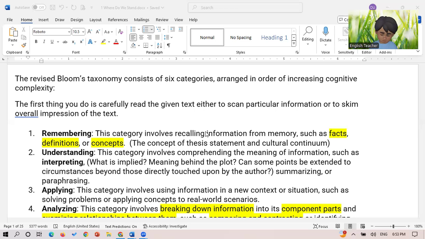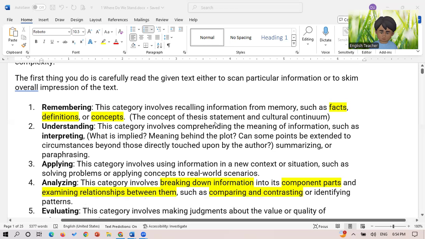There are 6 categories in Bloom's taxonomy, and these 6 categories are arranged in the order of increasing cognitive complexity. The word cognition means our ability to understand something, and cognitive complexity means the level of difficulty related to understanding something.